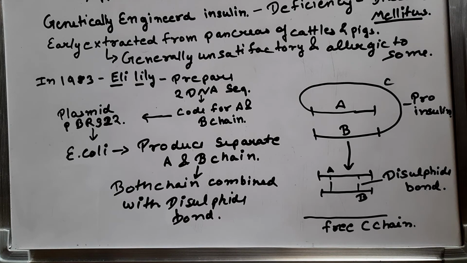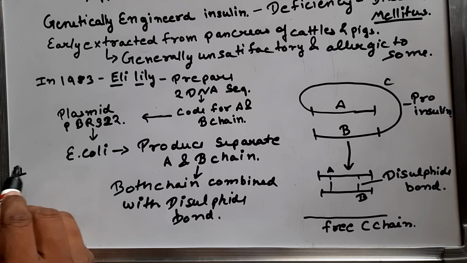These are inserted into E. coli, and E. coli produces separate A and B chains, and these A and B chains are connected by disulfide bond. So this is the complete procedure of making mature insulin, which is like human insulin and which helps for the treatment of diabetes mellitus.